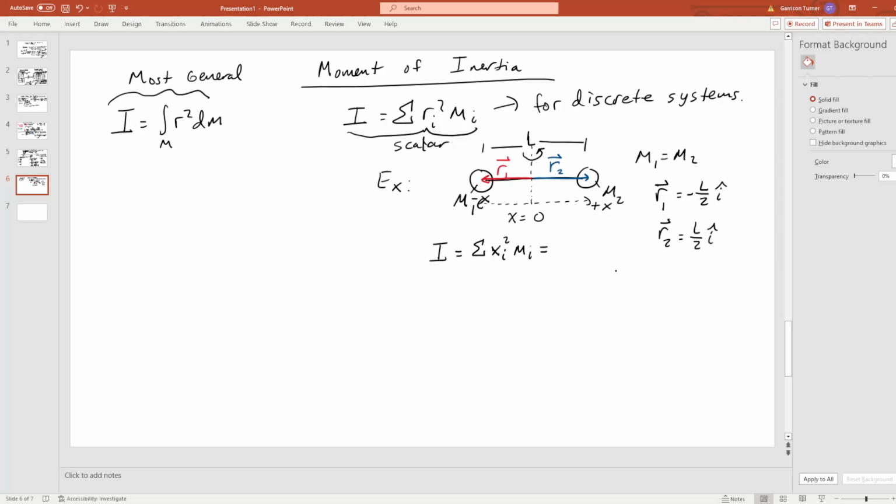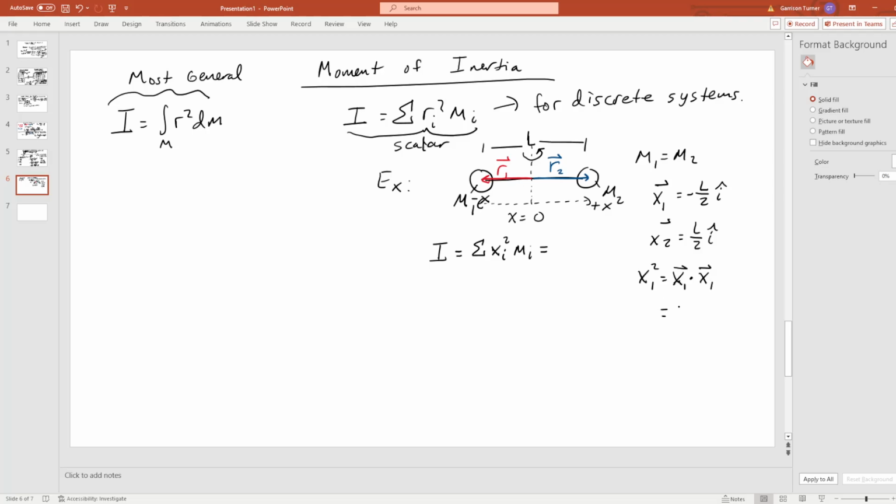And my squares become, well, actually I need to fix one thing. These should be x's now since we're only on the x-axis. So x1 squared is equal to x1 dotted into itself. When I get a squared scalar, that's almost always going to be the dot product of a vector with itself.